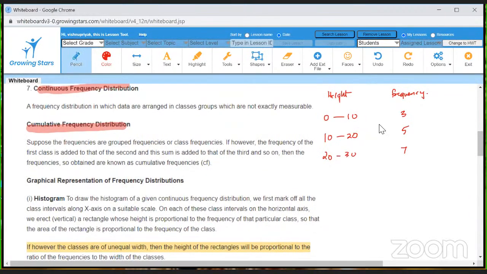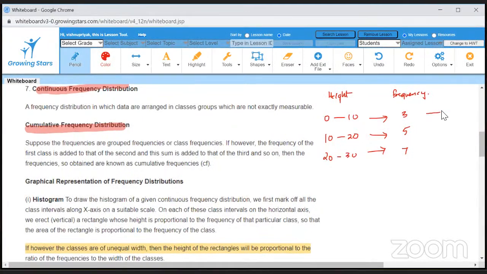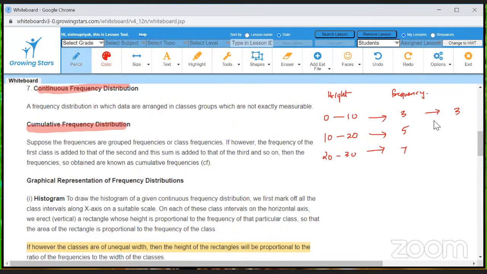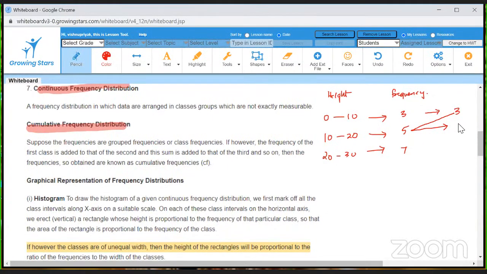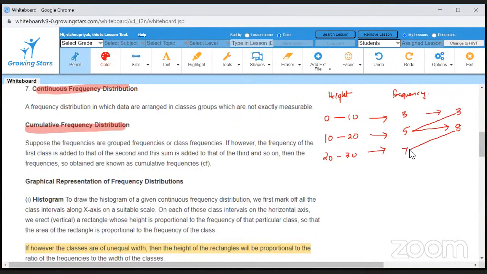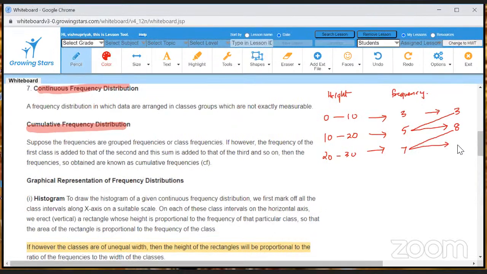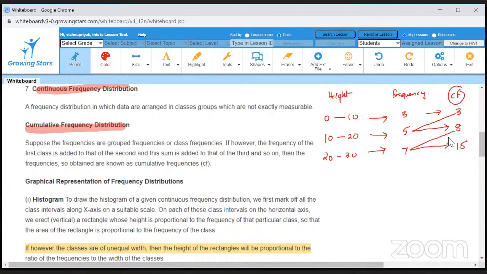For each class, you have frequency. Now, the first class frequency is 3. If you add this to the frequency of the second class, 3 plus 5, 8. If 8 is added to the frequency of the third class, 8 plus 7, 15. So this is called cumulative frequency column.